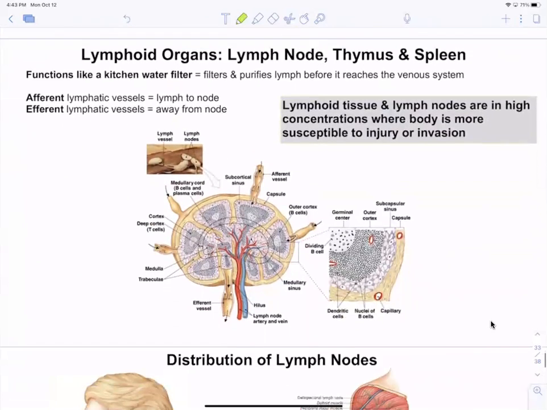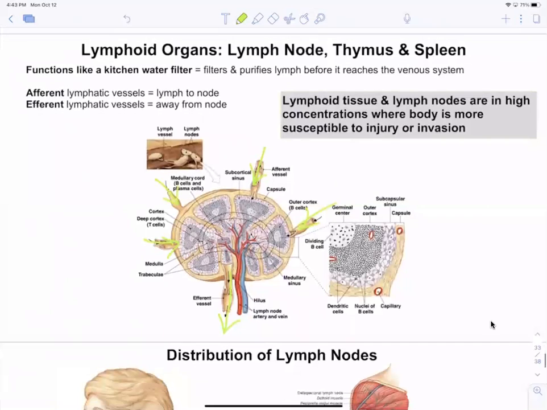Lymph nodes are like little water filtration systems. So you're going to have a bunch of lymph vessels going into one lymph node, and then only one vessel comes out, going towards the subclavian vein, right?